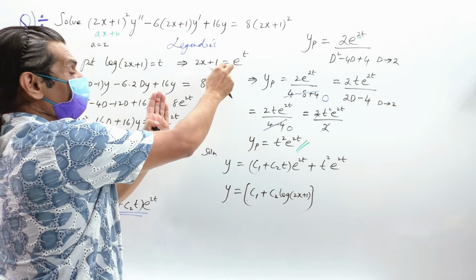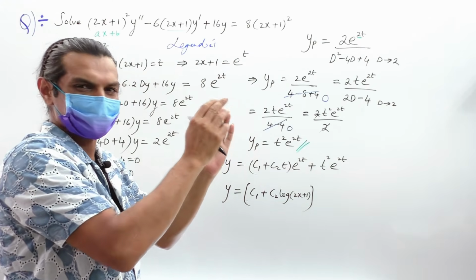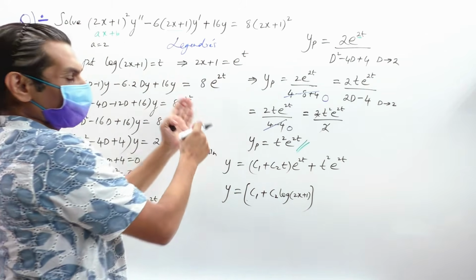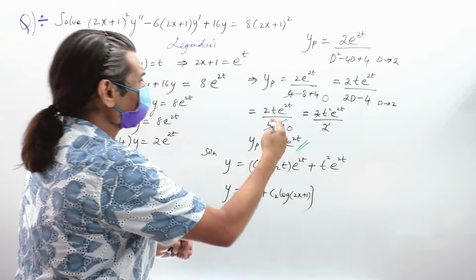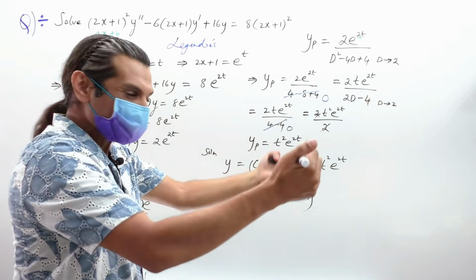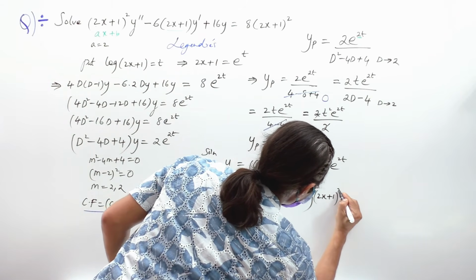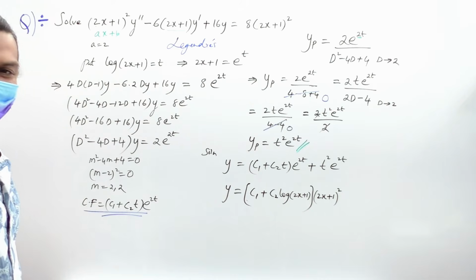I'll take this e raised to t. Simple maths. e raised to t is 2x plus 1. So e raised to 2t is nothing but 2x plus 1 the whole square. That's it. Simple as that.